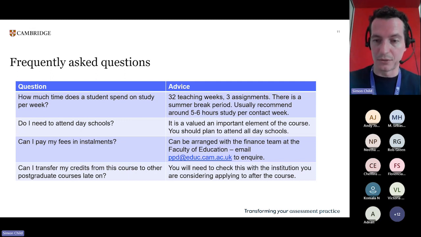So if you're going to top up your 90 credits to complete the full master's within the Faculty of Education, that is automatically portable from one course to the next. If you're looking to work with another institution, you have to check with that institution whether they accept the 90 credits that you've taken from the University of Cambridge. So it's the hosting institution's decision fundamentally, unfortunately.